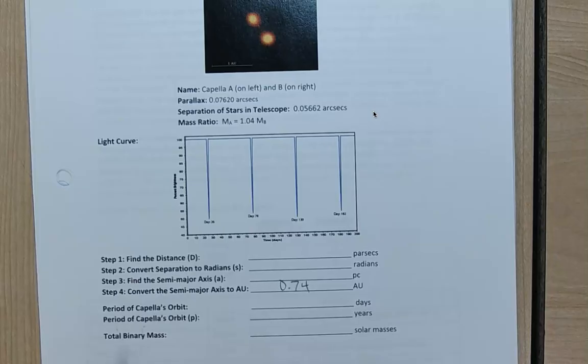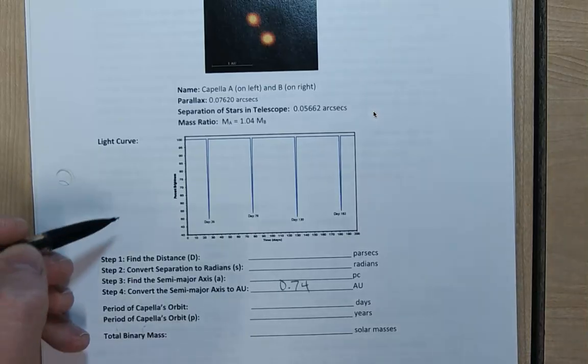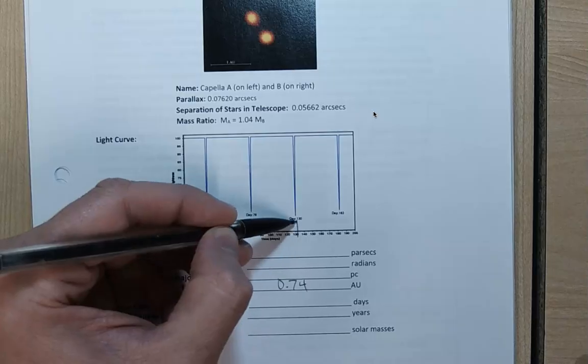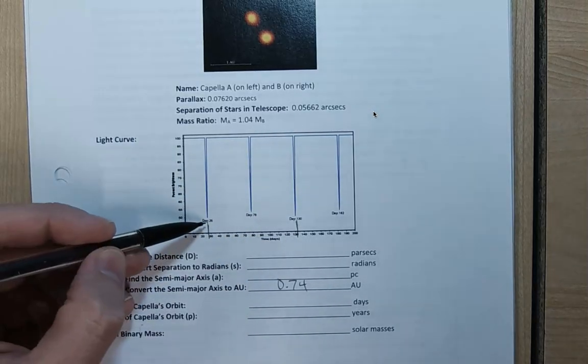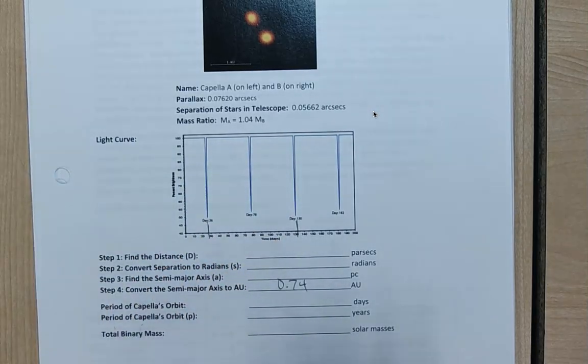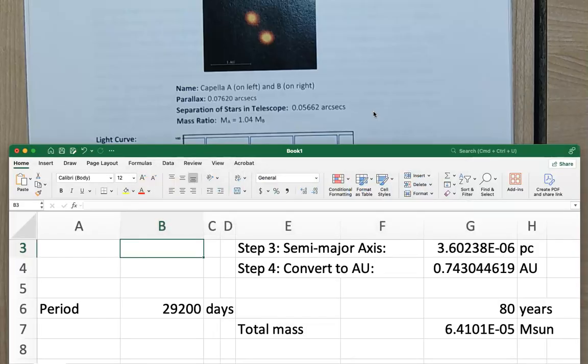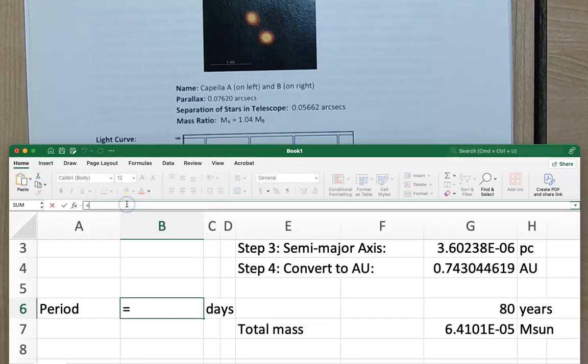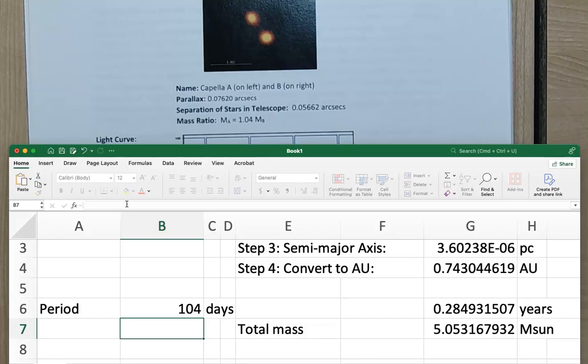How about the period? Well, again, the period is the time from big dip to big dip, which is the time from day 26 to day 130. So instead of these numbers, I'm going to say, all right, day 130 minus day 26 is 104 days, which is 0.28 years.